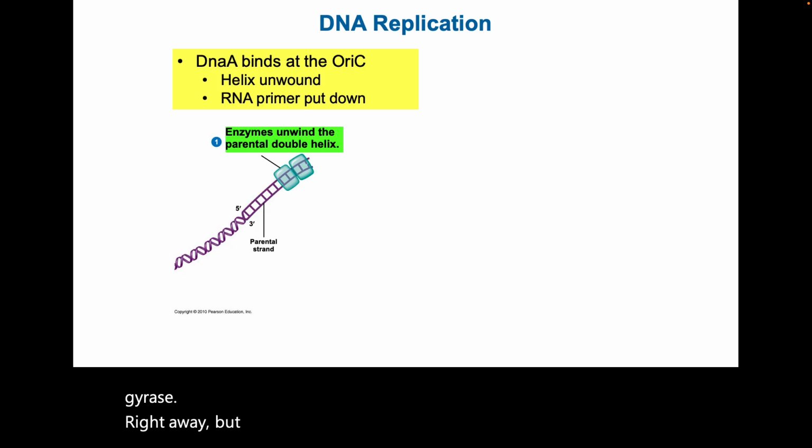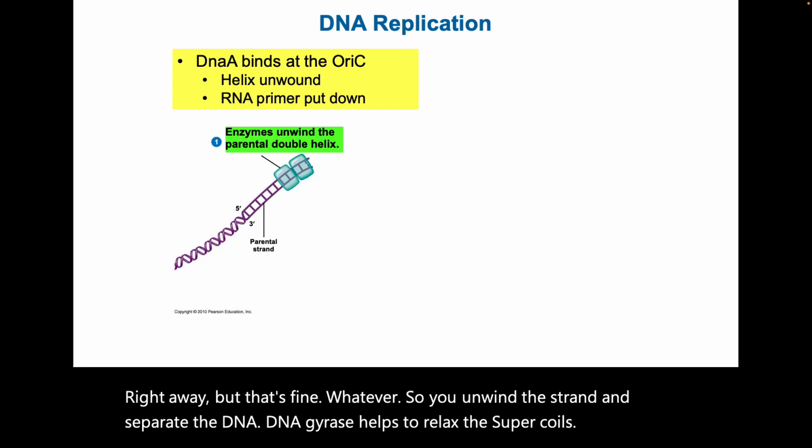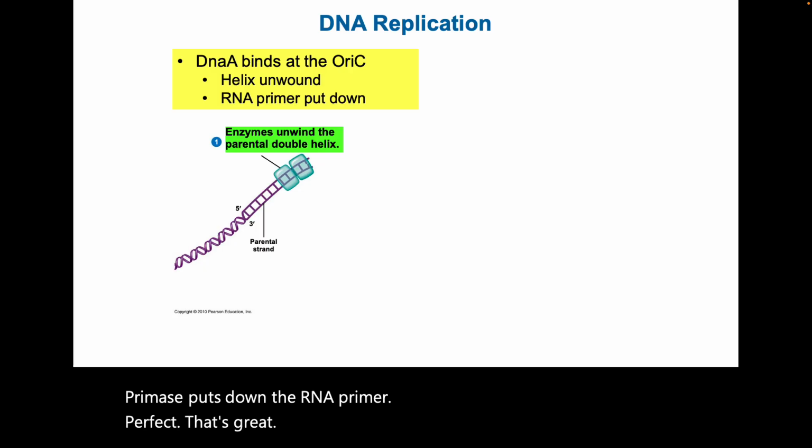So you unwind the strand and separate the DNA. DNA gyrase helps to relax the supercoils. Primase puts down the RNA primer. Perfect, that's great.